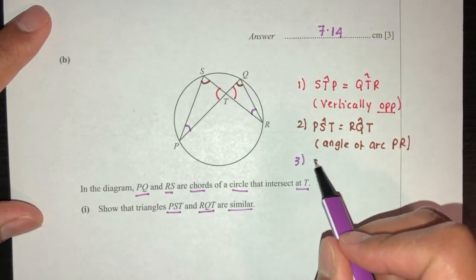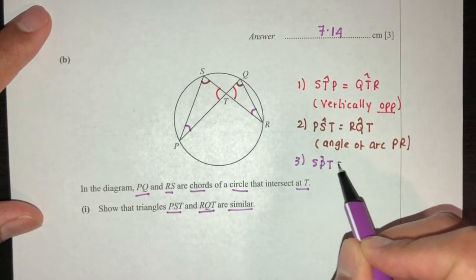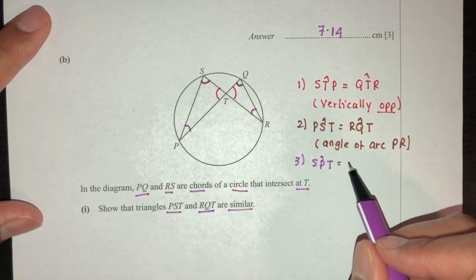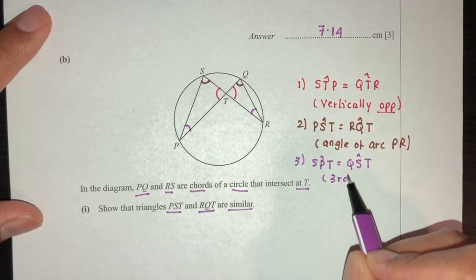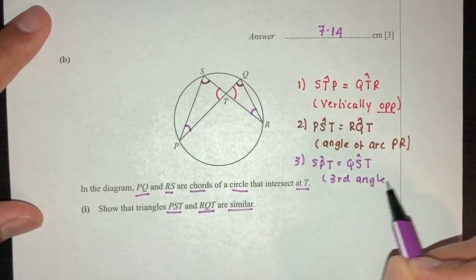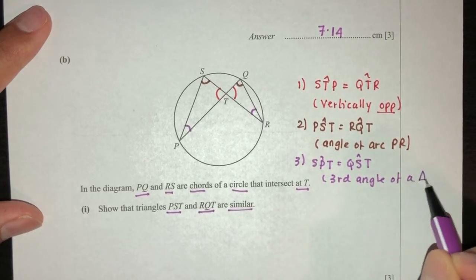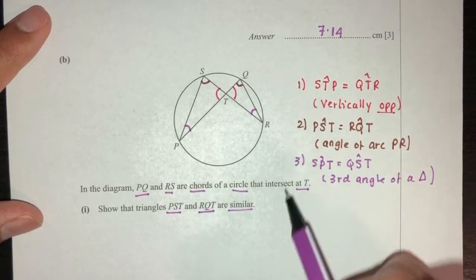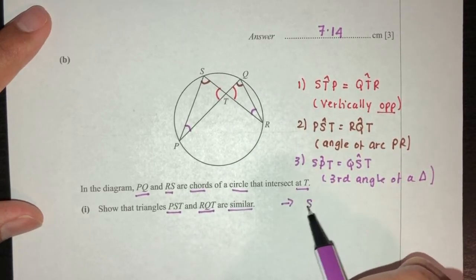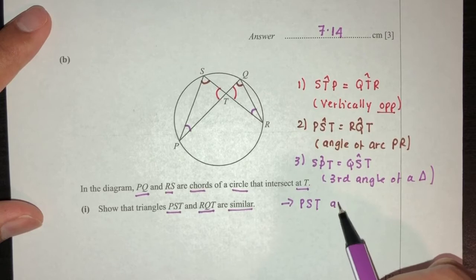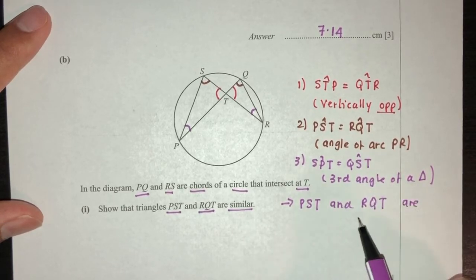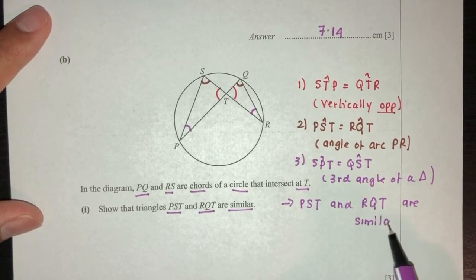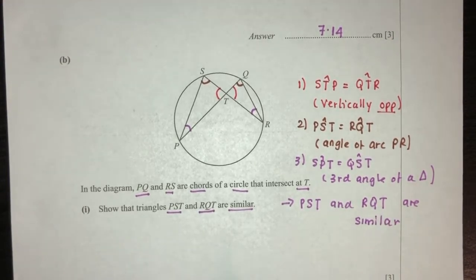So angle SPT is equal to angle QRT because this is the third angle of a triangle. That's why, because of these 3 reasons, we have triangles PST and RQT are similar. That is part B of your question.